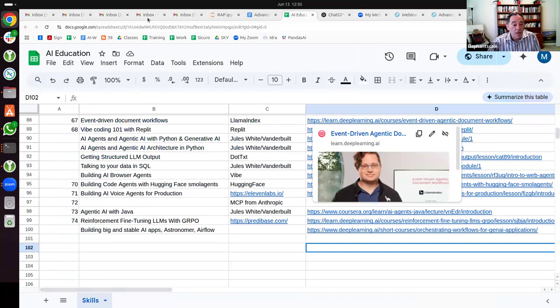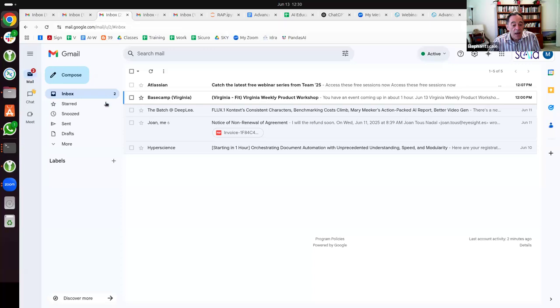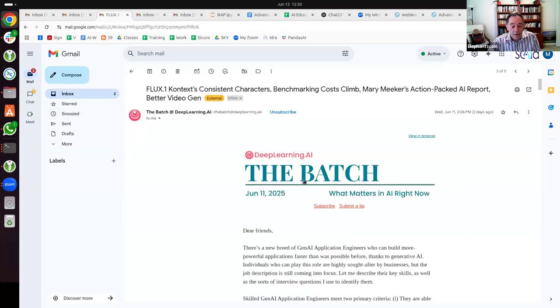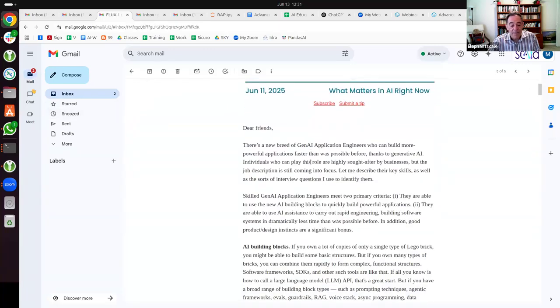So you're not surprised that Andrew Ng comes and he says, the very first thing he says, I'll just read it because who am I to retell his inimitable style? There is a new breed of Gen AI application engineers, which means it's us guys. It's those people, you and me, who are building some kinds of applications on AI.